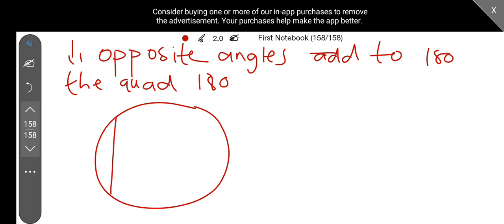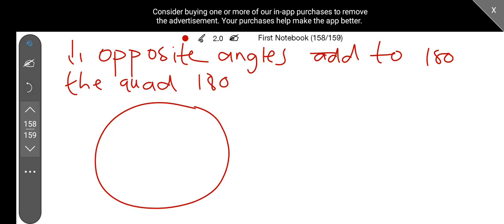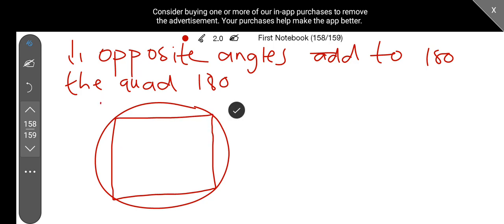And then the first condition that will make it a cyclic quad, okay, this drawing is odd. Let's say it's like this, much better. And let's say here it's A, here it's B, here it's 80, and here it's 100.